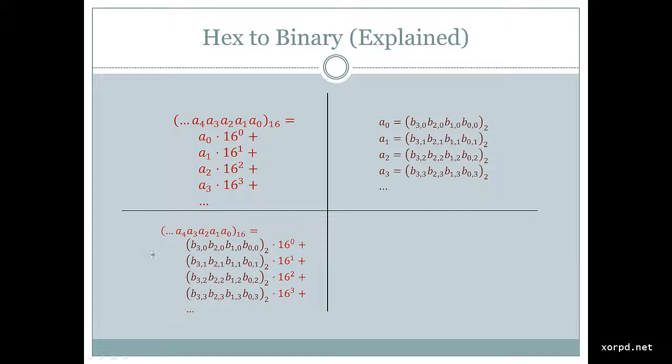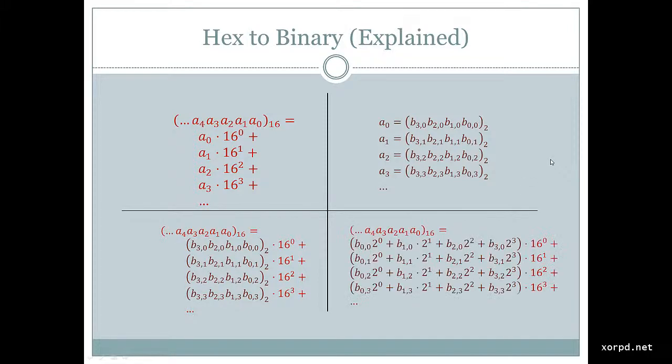We are going to get this equation, which is just like the above one, but with A0, A1, A2, A3 in the new base 2 representation.